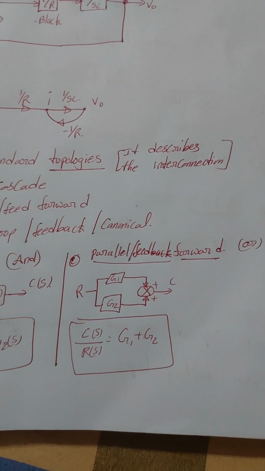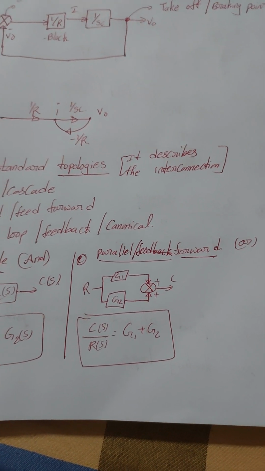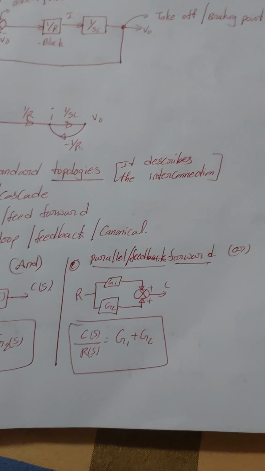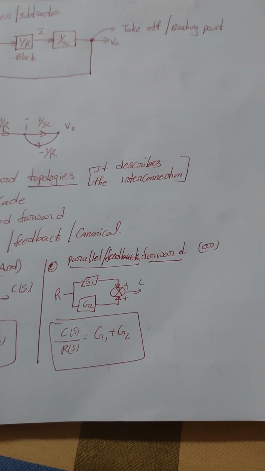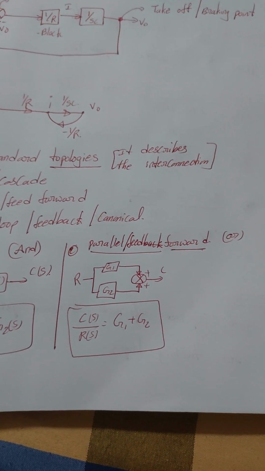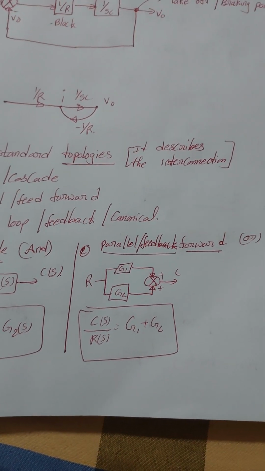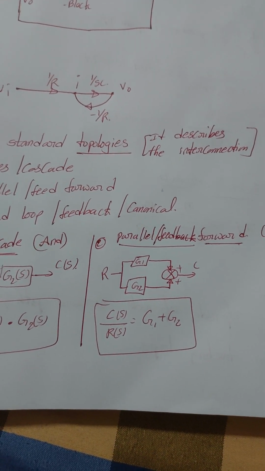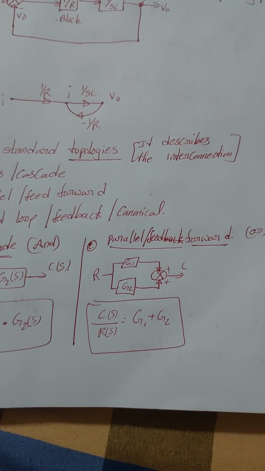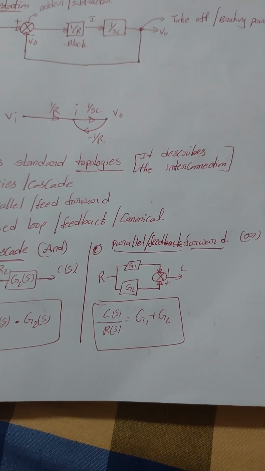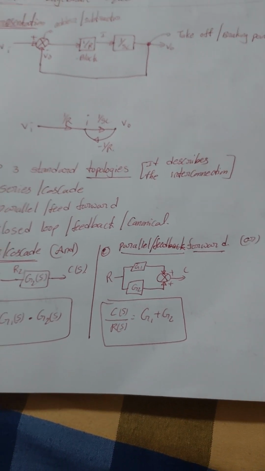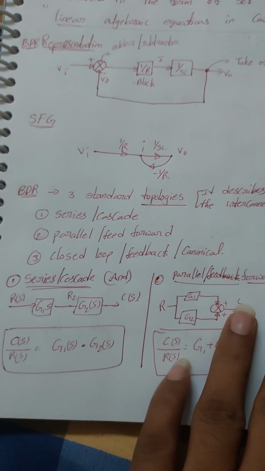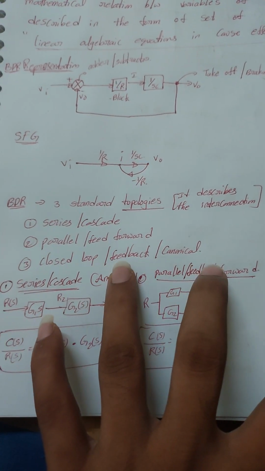Coming to parallel or feed forward, the blocks are connected in parallel, that's why C of S by R of S equals G1 of S plus G2 of S. That's it, parallel.